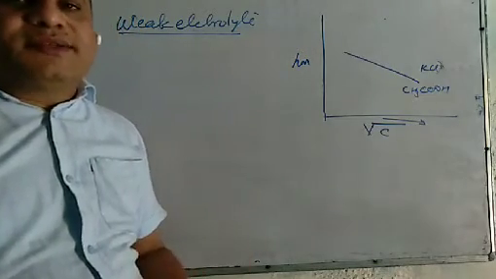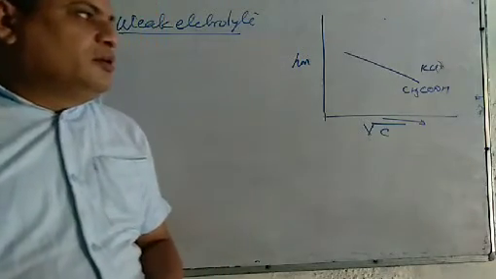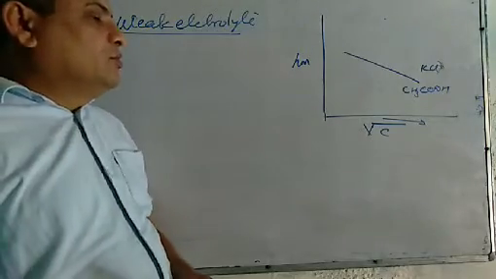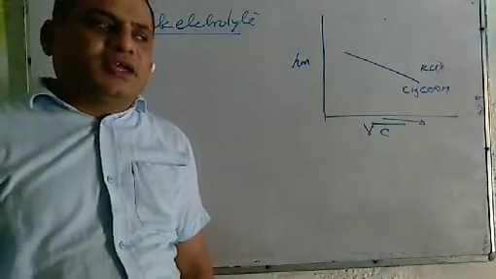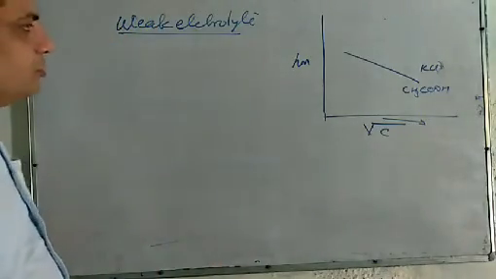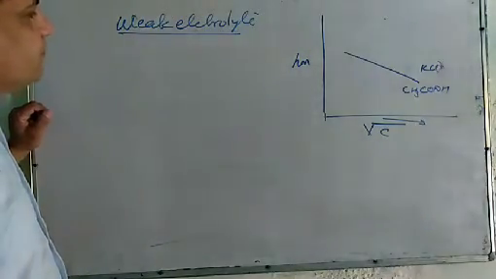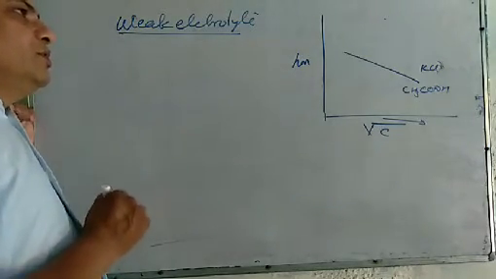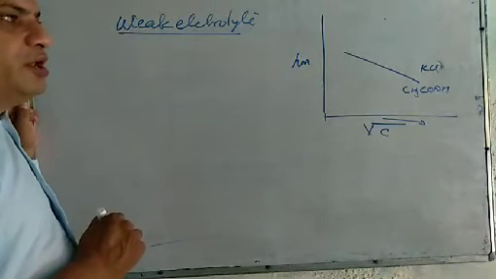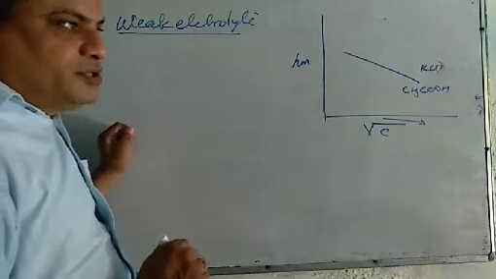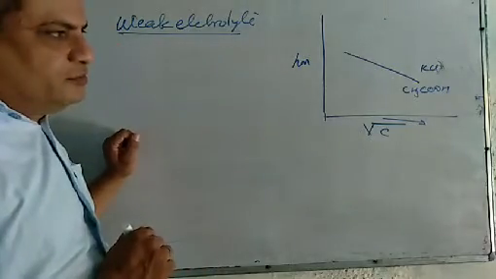As you have studied in class 11th, Ostwald dilution law. According to Ostwald dilution law, the degree of dissociation of weak electrolyte increases with the increase in dilution. So, we can say that the increase in molar conductivity of the solution of weak electrolyte on increasing the dilution is due to the increase of dissociation.